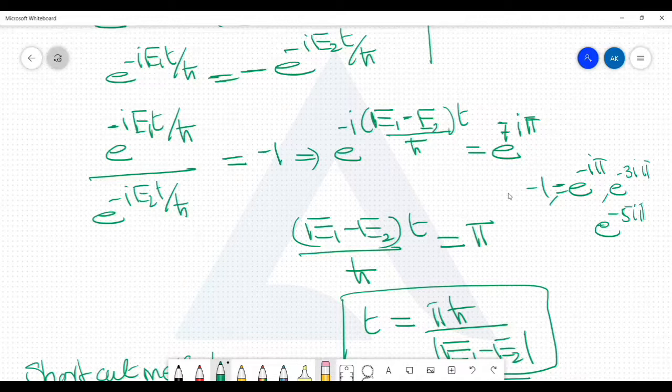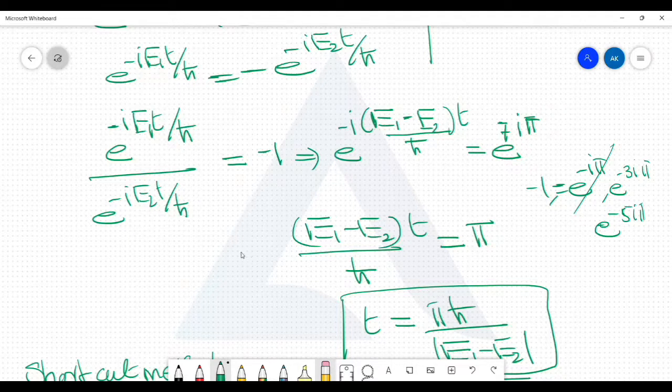But why did we take e raised to i pi? Because that is the minimum value among the arguments; pi is less than 3 pi, which is less than 5 pi.